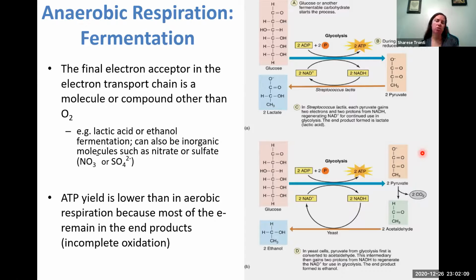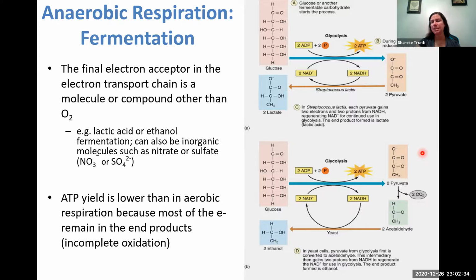If we don't have oxygen to accept those electrons, then it doesn't function. The whole process is pointless, right? There's no point in making all of these NADHs to carry electrons to the electron transport chain if those electrons have nowhere to go. So instead, we have this other process, which is still going to use glycolysis.